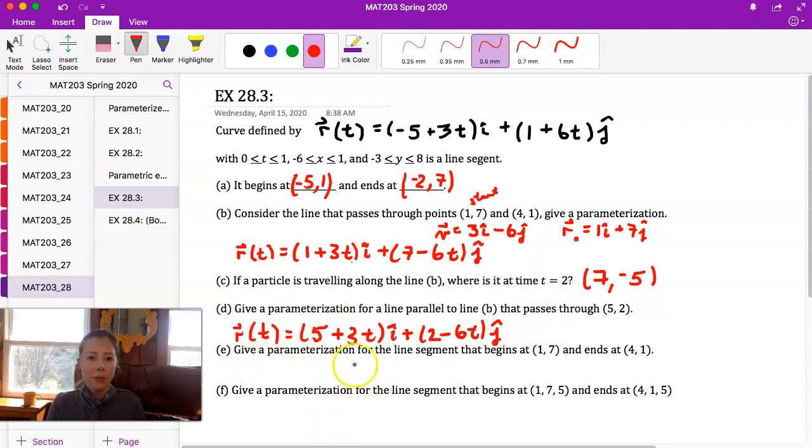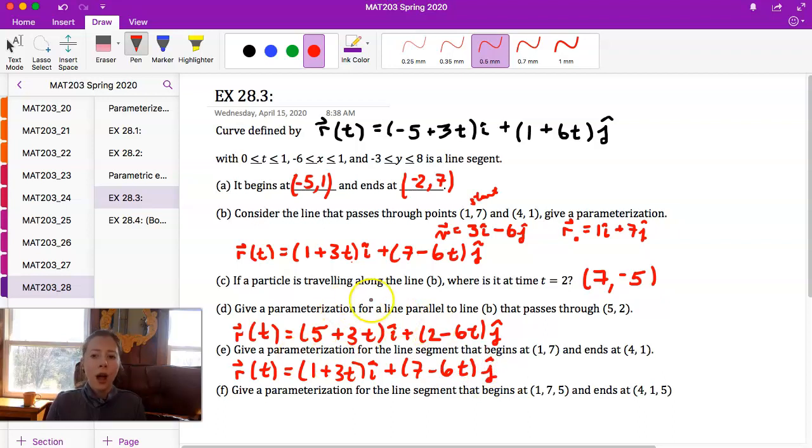Next, give a parameterization for the line segment that begins at 1, 7 and ends at 4, 1. For this one, let's go ahead and use our parameterization from B, starting at 1, 7. So r of t is 1 plus 3t i hat plus 7 minus 6t j hat.